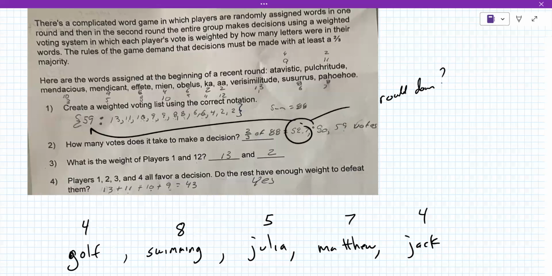I would think for majority, you'd want to round up to be sure. Any more discussion on this, or do you feel like this is good enough? Yeah, I think it's good enough. It's making sense.